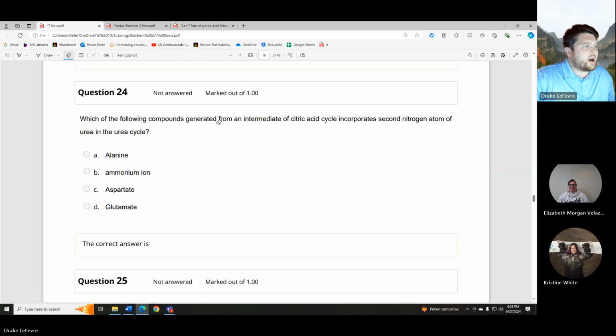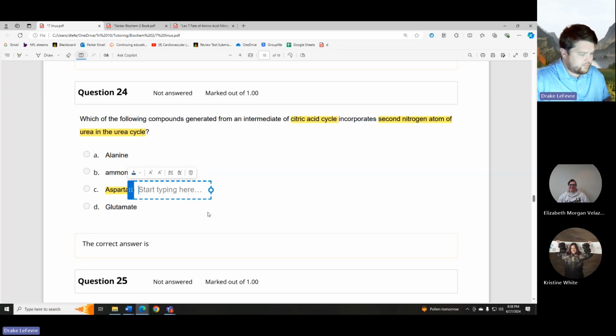Which of the following compounds generated from an intermediate of citric acid cycle incorporates the second nitrogen atom of urea in the urea cycle? Aspartate. Yeah, aspartate is the second one. Where does the first one come from? The ammonia. Yeah.